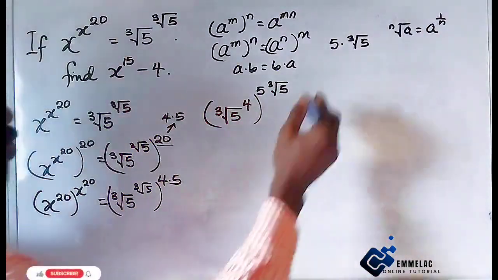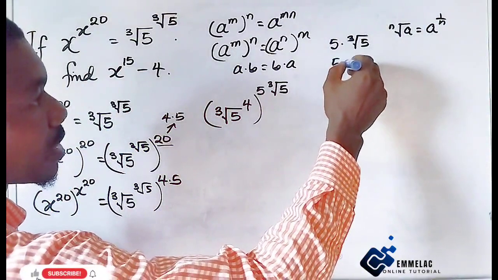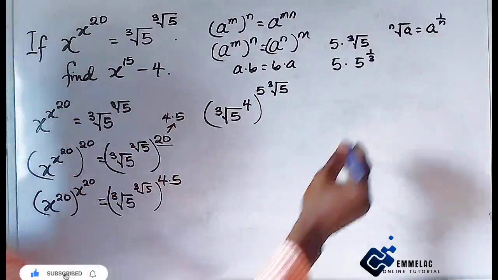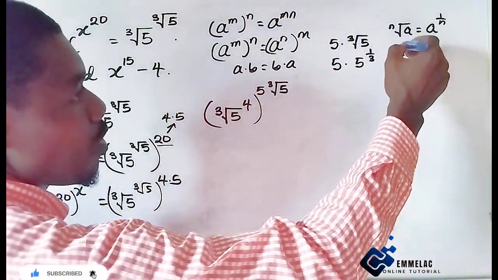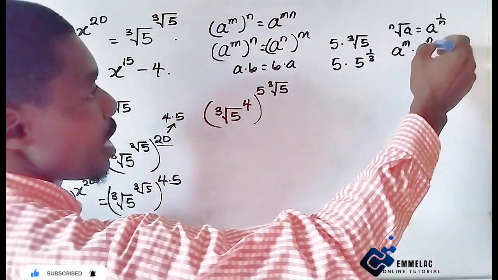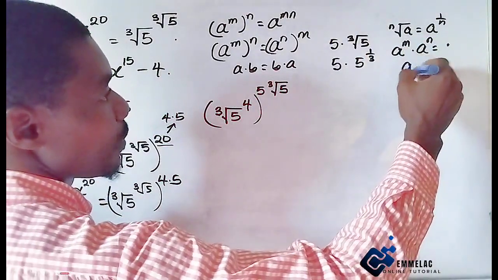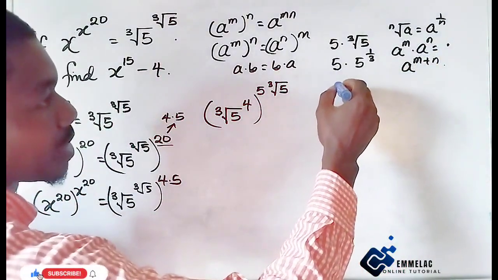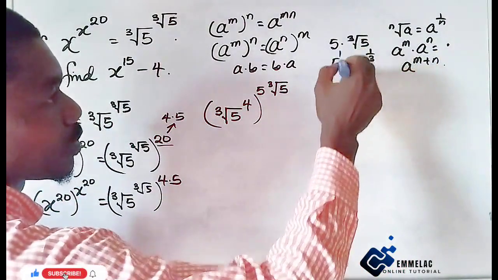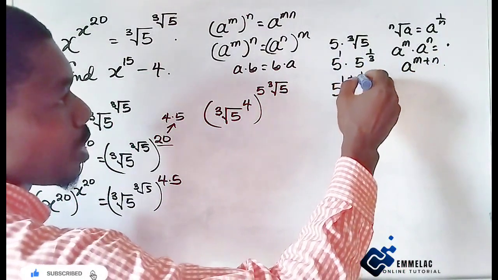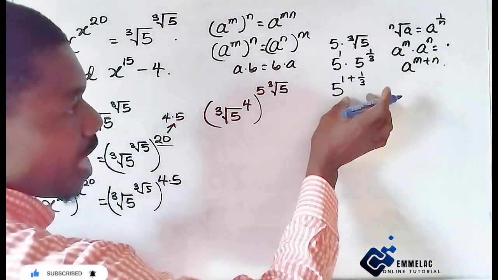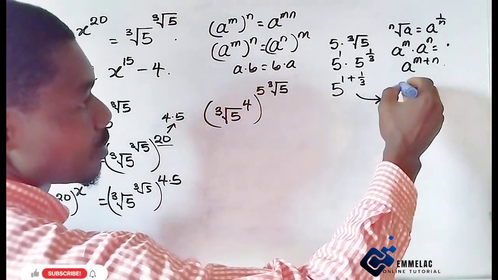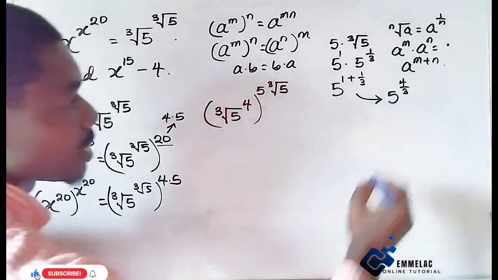If that is true, we can say this is 5 times 5 raised to the power of 1 over 3. Also according to the law of indices, a raised to the power of m times a raised to the power of n gives a raised to the power of m plus n. So taking that 5 is 5 to the power of 1, we have 1 plus 1 over 3, and we can say this is 5 raised to the power of 4 over 3.